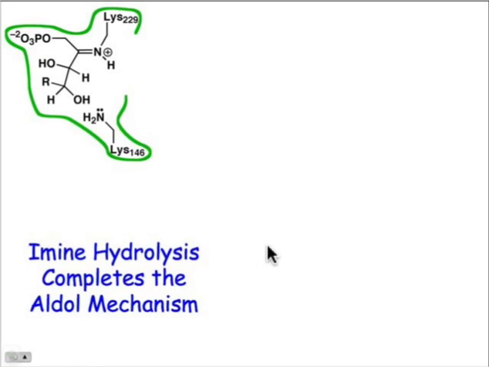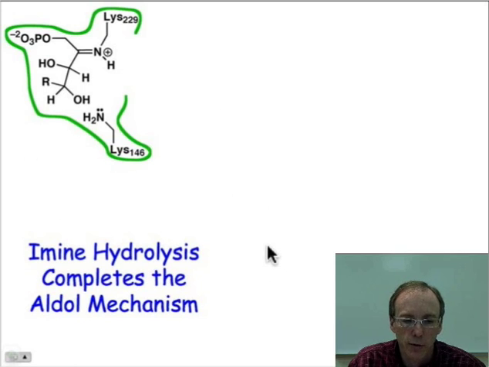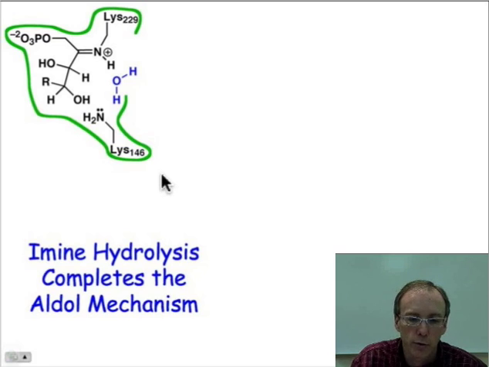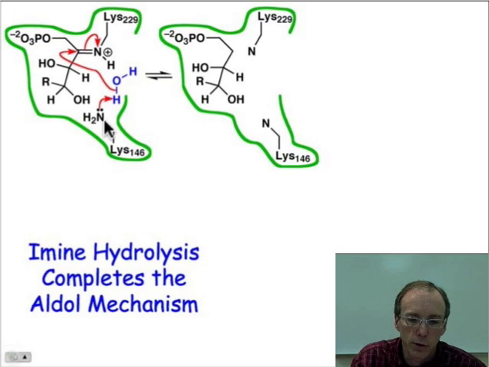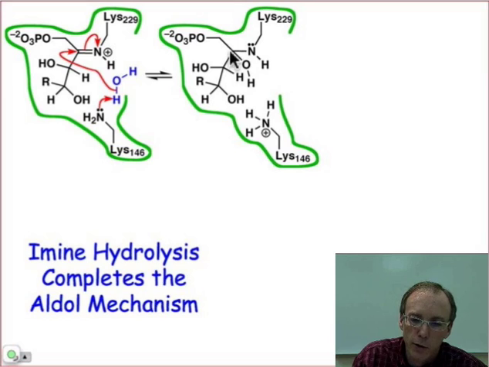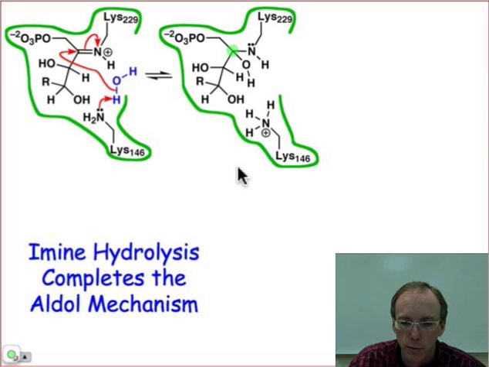So to finish up the mechanism, all we need to do is have hydrolysis of the aminium ion take place. And so here's where we left the mechanism off, right after the aldol reaction carbon-carbon bond forming step. Water is involved. The addition of water is going to be general base catalyzed. We'll do that addition. Basically all of these steps are the reverse of what you've seen before, and so we have a new tetrahedral center here. The amine group has now become protonated.